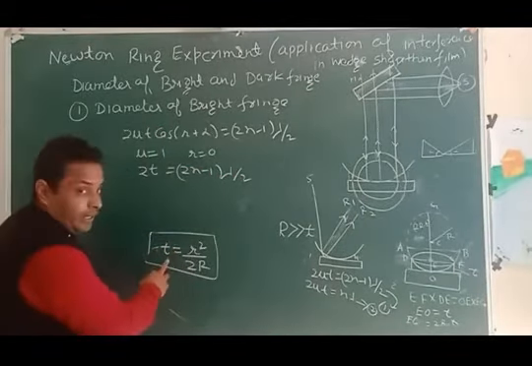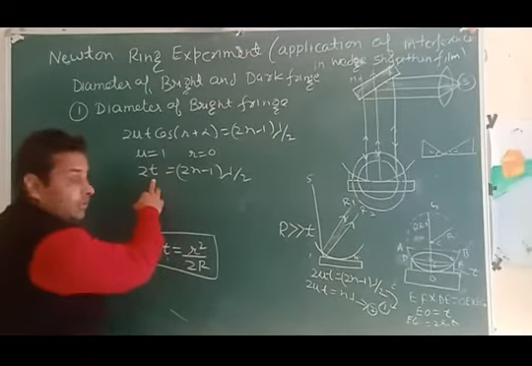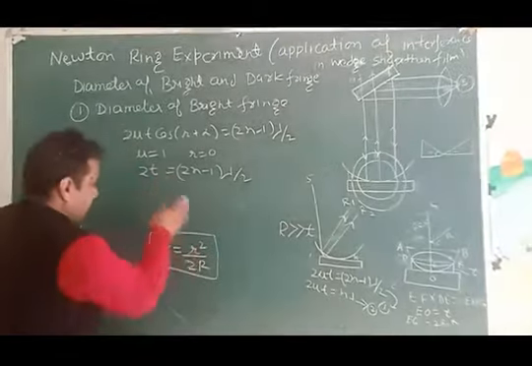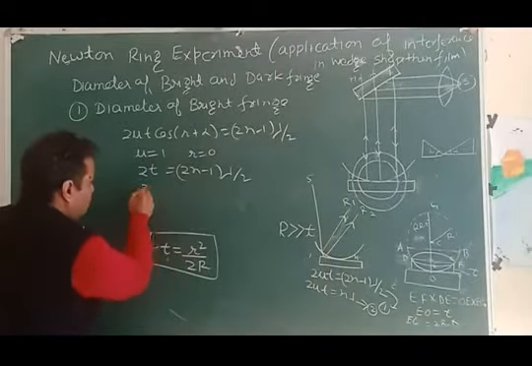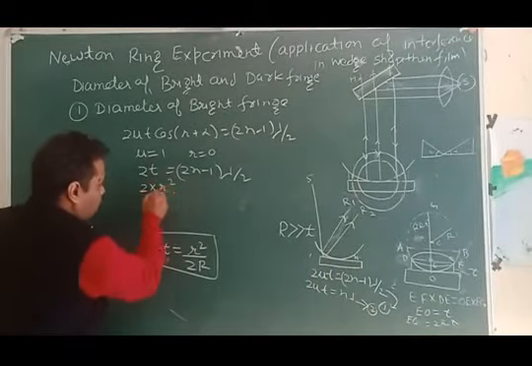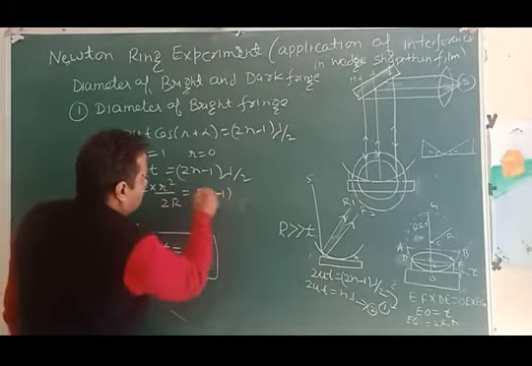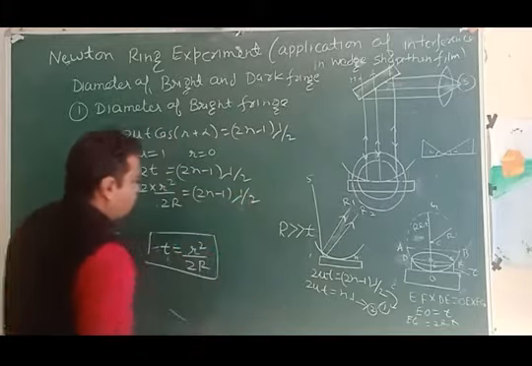Now substituting this value, because r is the radius of the ring: 2 multiplied by r square upon 2R is equal to (2n minus 1) lambda by 2.